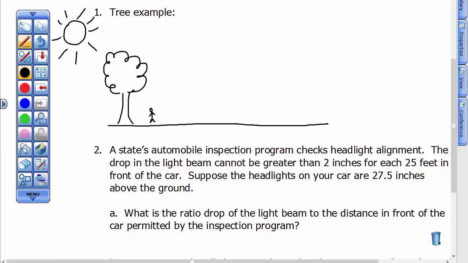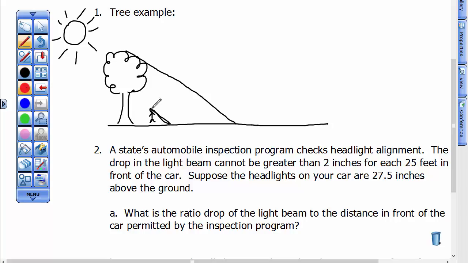So there's the bright ball of sun, and it's causing these objects to create a shadow on the ground. And pretend I'm not right behind the tree, but I'm off to the side, so that my shadow looks, this line is parallel. These lines are supposed to be parallel.